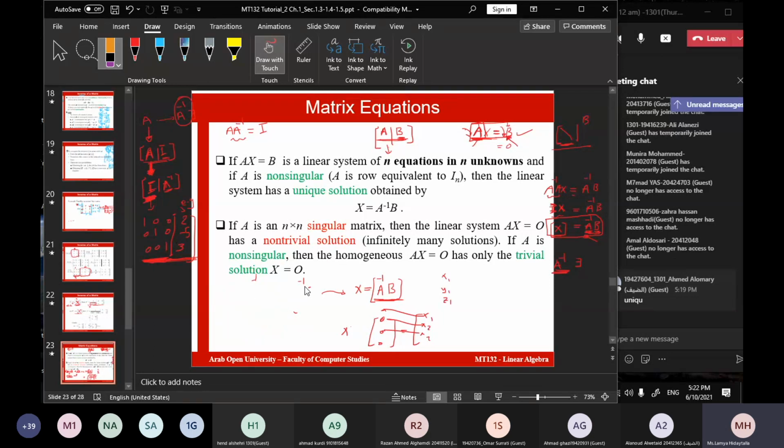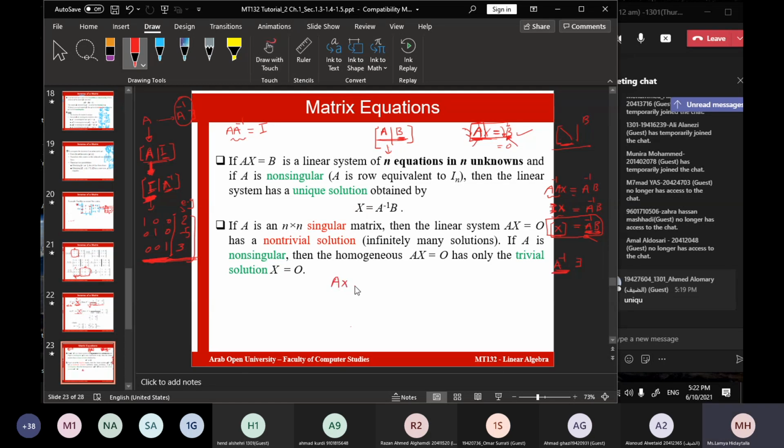Now, moreover, what if the system is homogeneous? What if the system is homogeneous? What do we say? Okay, a homogeneous system, what type of solutions will it have?